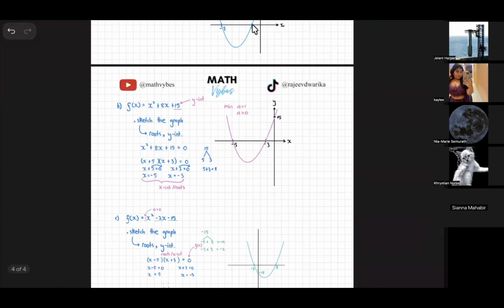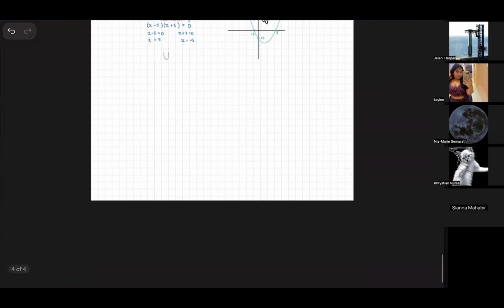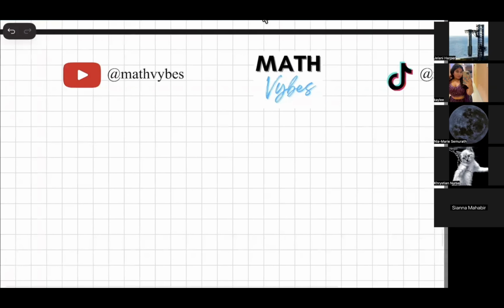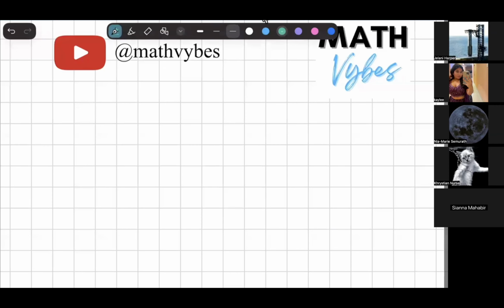We are done with factorizing simple trinomials. A simple trinomial is just when a is 1.